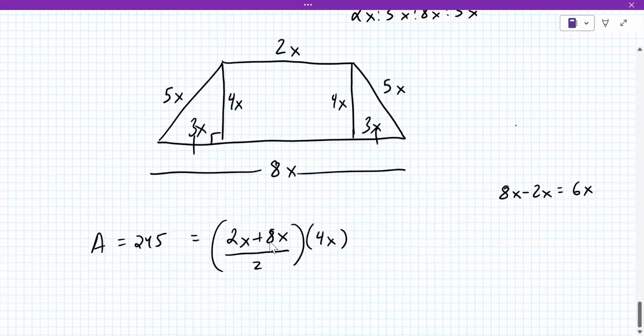So 2x plus 8x is 10x, divided by 2 is 5x, times 4x is 20x squared. So we know that 245 equals 20x squared. We can solve that for the value of x, excuse me.